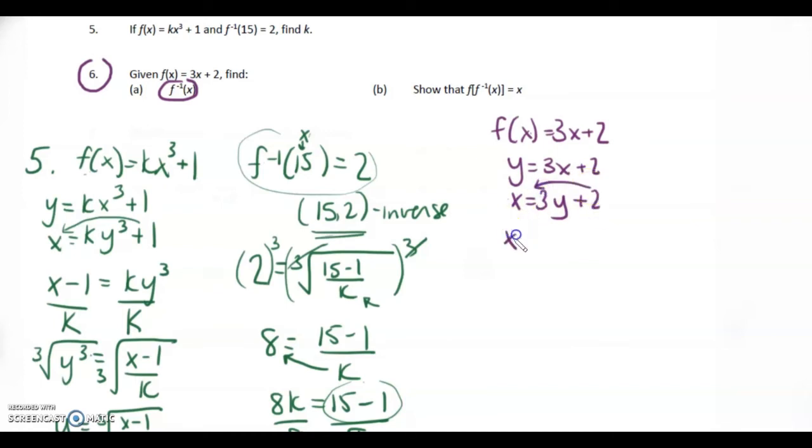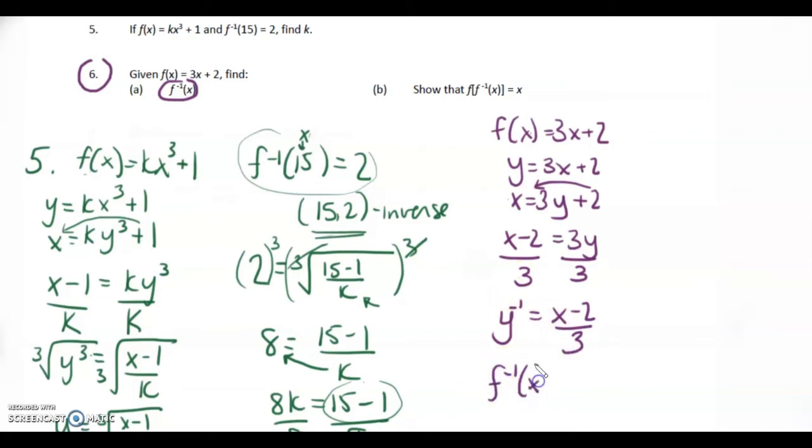And now we can rearrange and solve. Okay, so x minus 2 equals 3y, and we divide both sides. So we get y, and it's going to be y inverse, equals x minus 2 over 3, and we can rewrite this as f inverse of x equals x minus 2 over 3. Here is the inverse function.